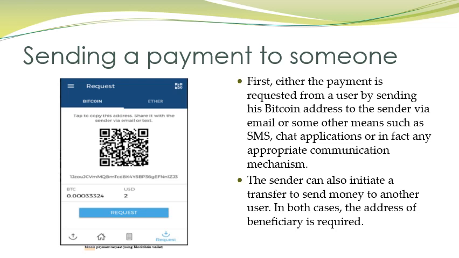The sender can also initiate a transfer, or you can send your bitcoins to your friend, to another person. In both cases, the address of the beneficiary is required. So how many bitcoins you have to send, and the address of the beneficiary, is required to start the transaction if the sender wants to initiate the transaction.